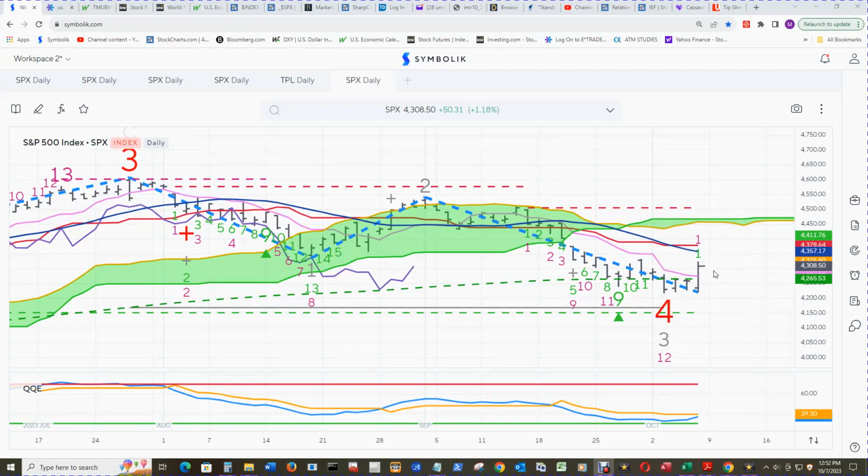But that's at least 3 or possibly 4 more bars, and that could coincide with battling this area here, 26 bars back, the bottom of the cloud, and failing there and heading back down, and this combo buy countdown 12 still comes into play to print the combo buy countdown 13.